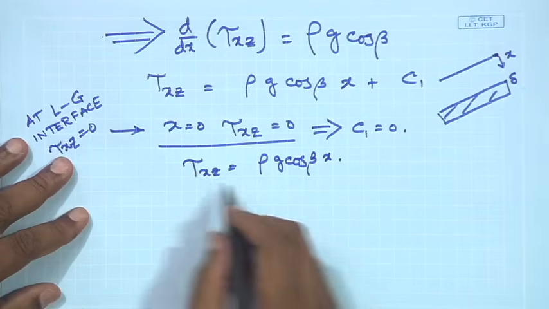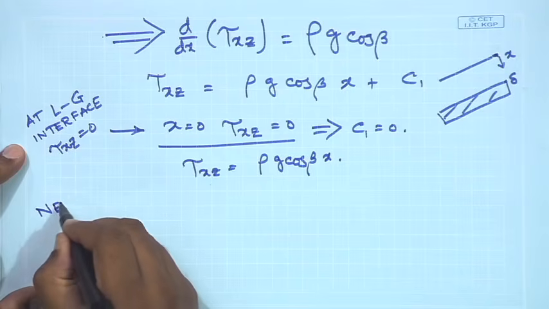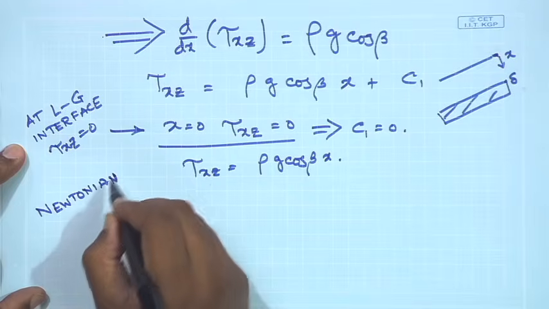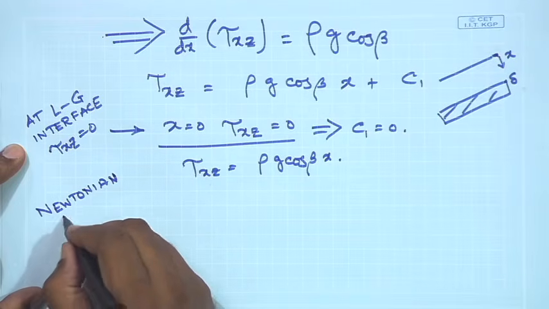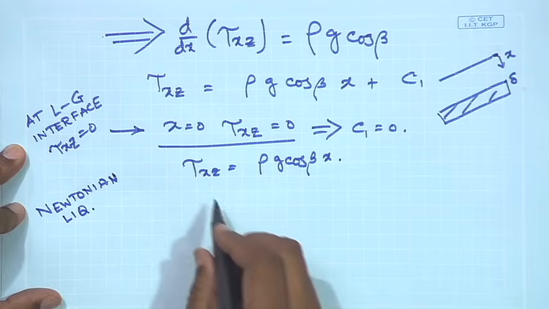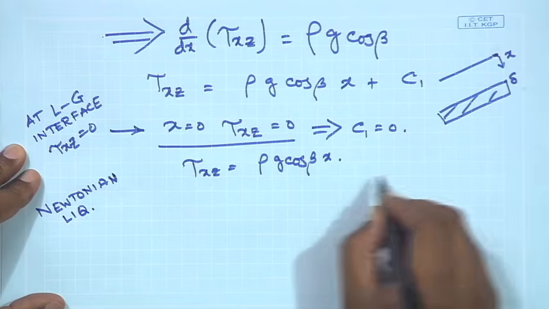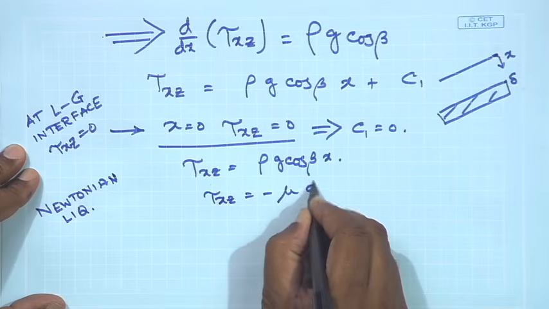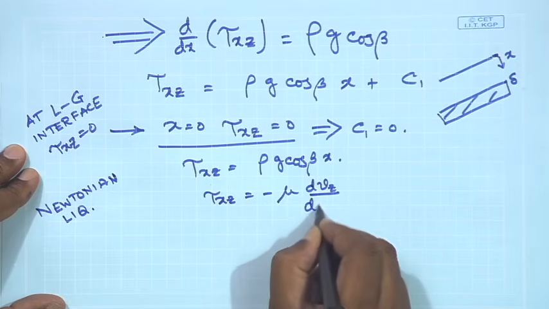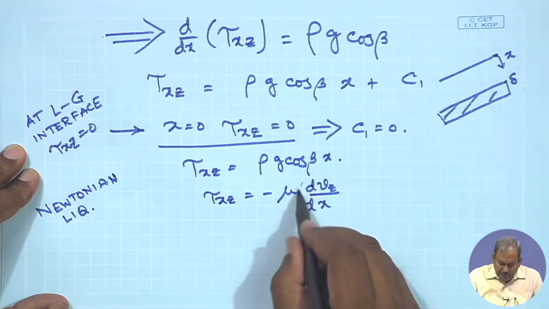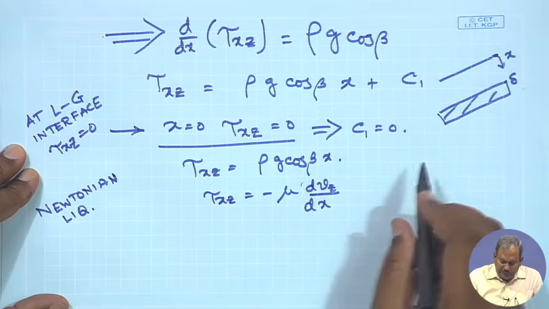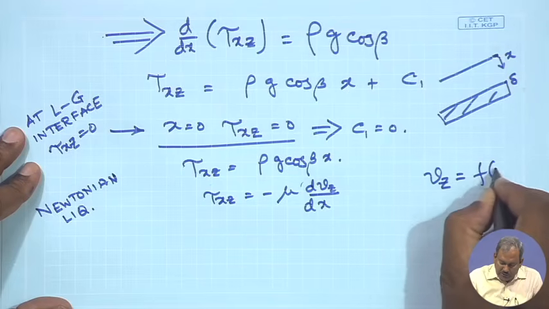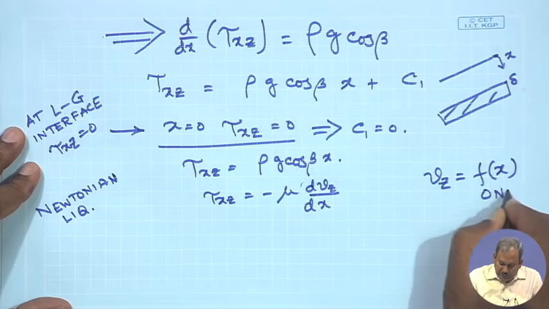Now, if I assume that this is a Newtonian liquid, then tau xz is equal to minus mu dvz by dx. I can write the normal ordinary derivatives because my vz is a function of x only.